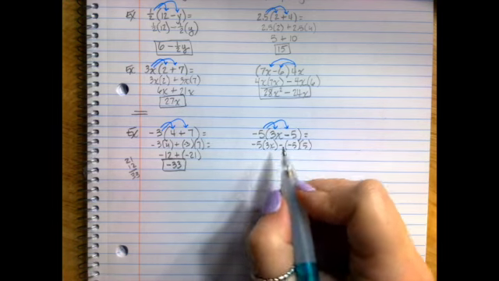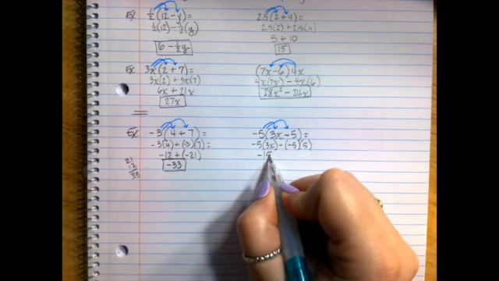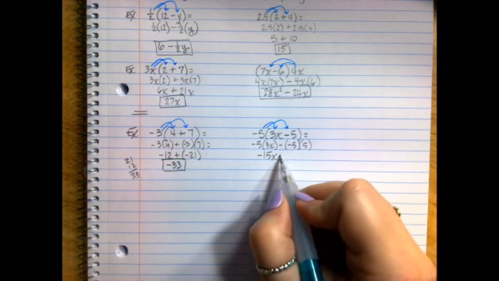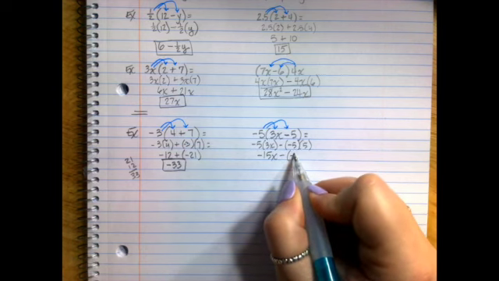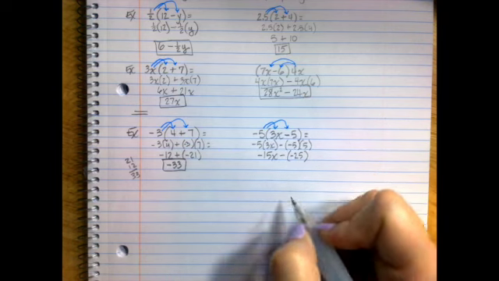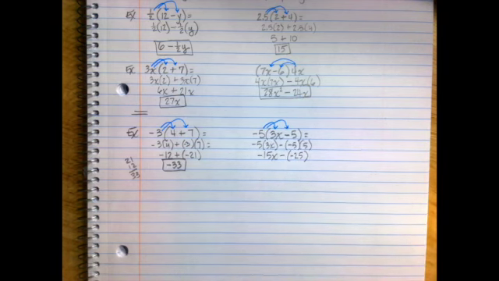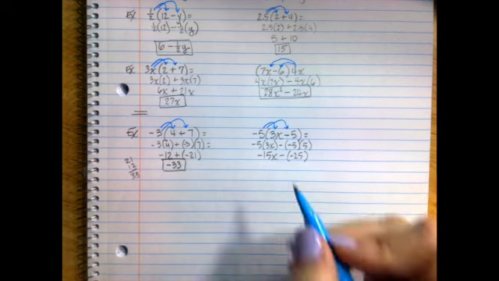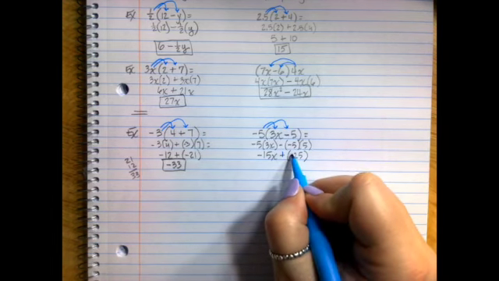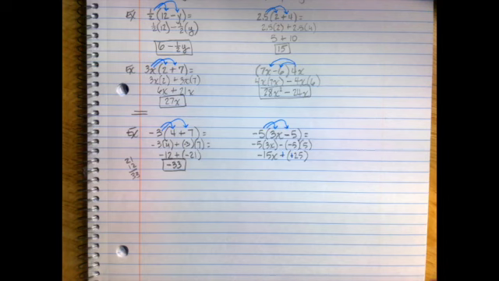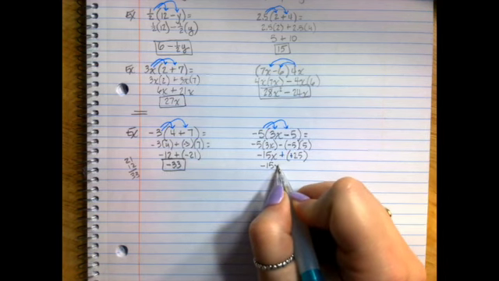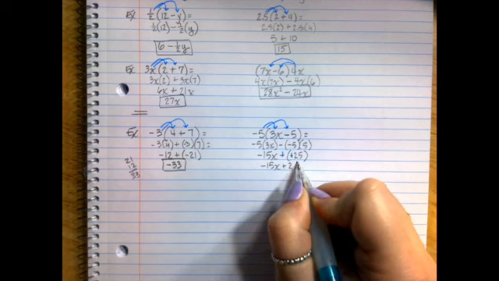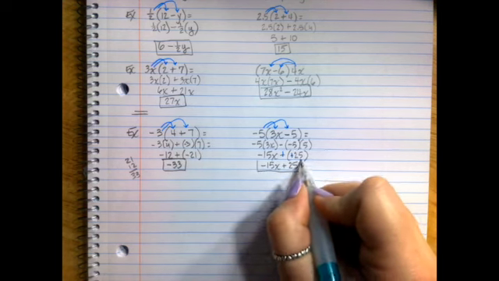So negative 5 times 3x gives me negative 15x. Negative 5 times 5 gives me negative 25. And since I have two negatives back to back, we want to do the opposite, add the opposite. So I have negative 15x plus 25 as my solution.